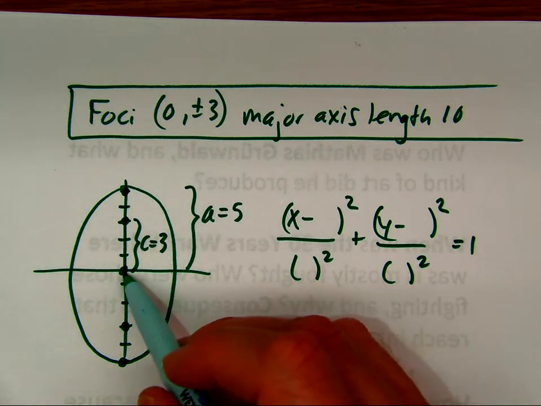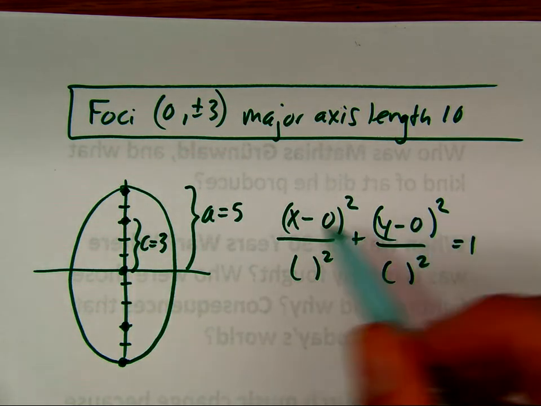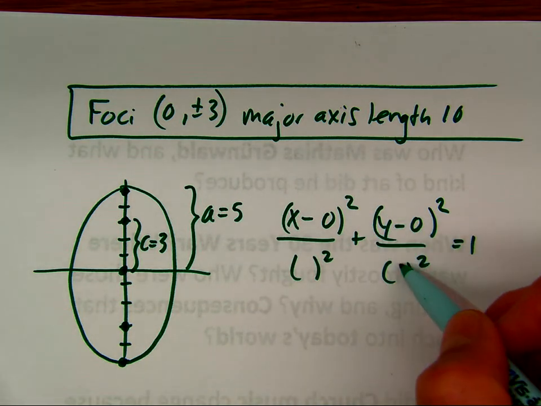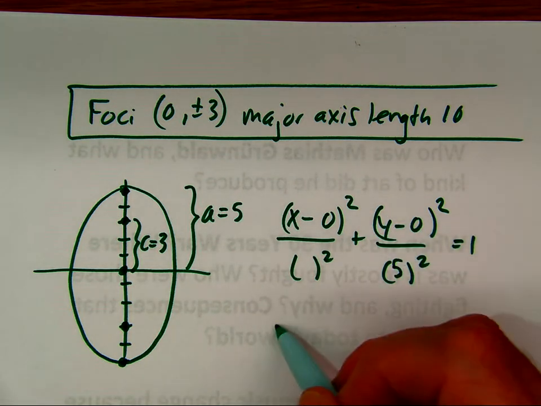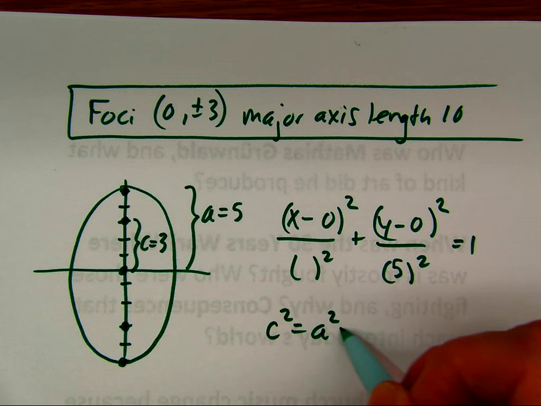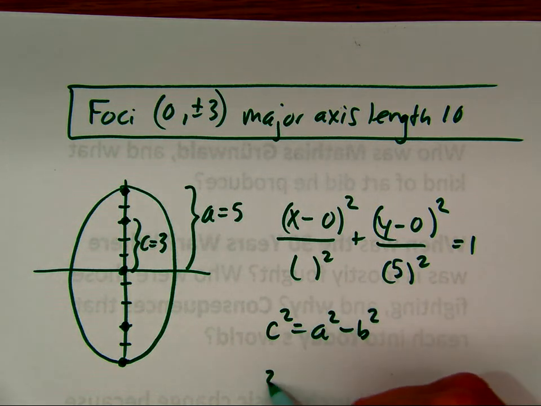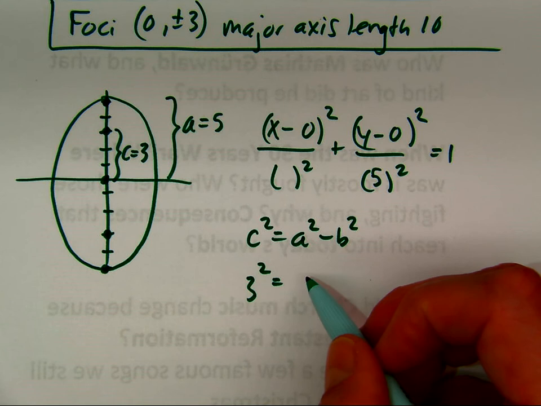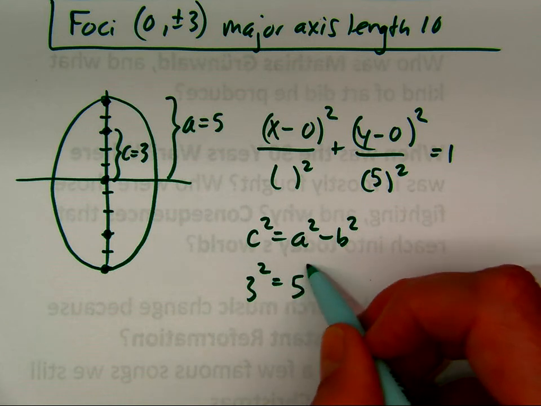The center is 0, 0. We know the vertical distance is 5, so that's going to go under the y. C is 3. And then we have 5 squared minus b squared.